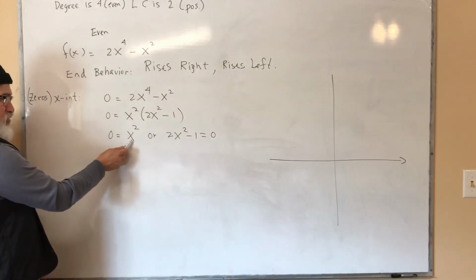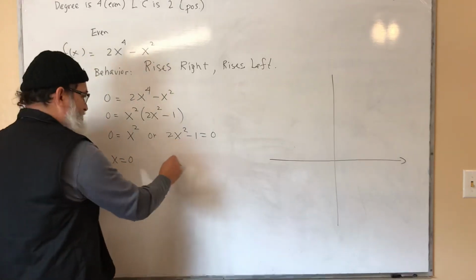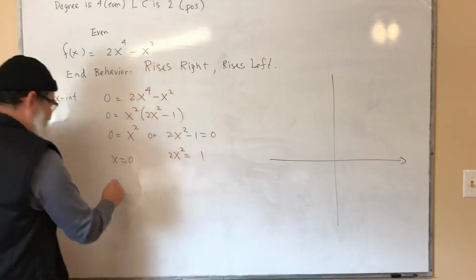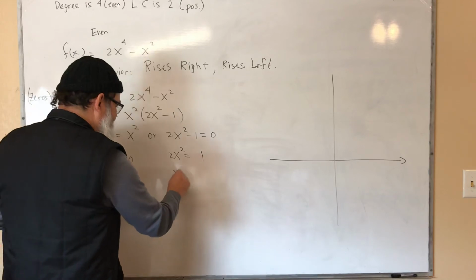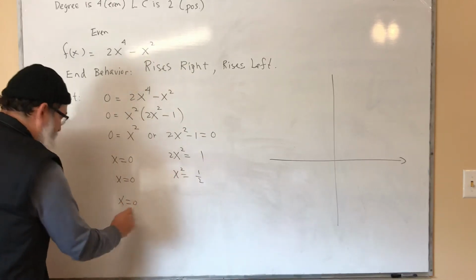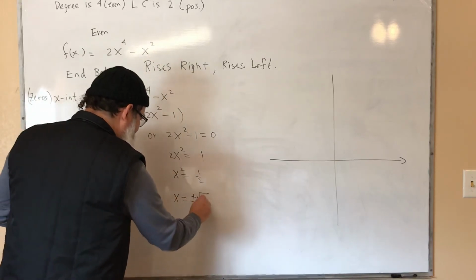If x squared equals 0, x equals 0. 2x squared equals 1, so x squared equals a half, and this is x equals plus or minus the square root of 1/2.